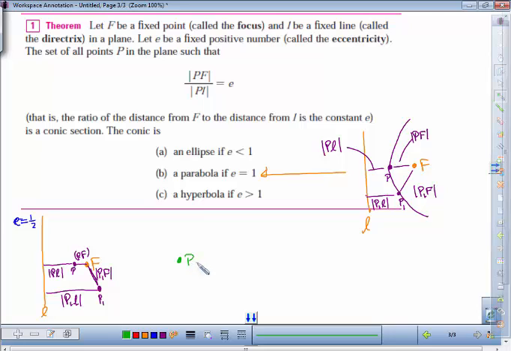Let's call this P2. And the distance between P2 and the line is about twice. Is that twice?